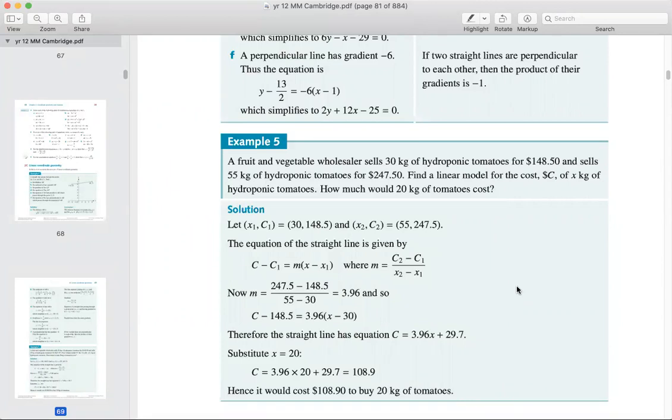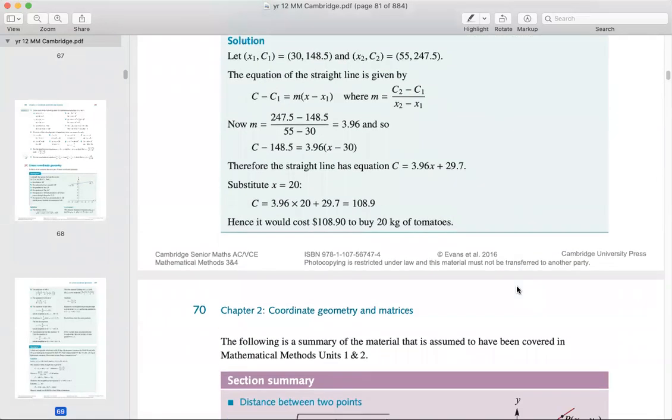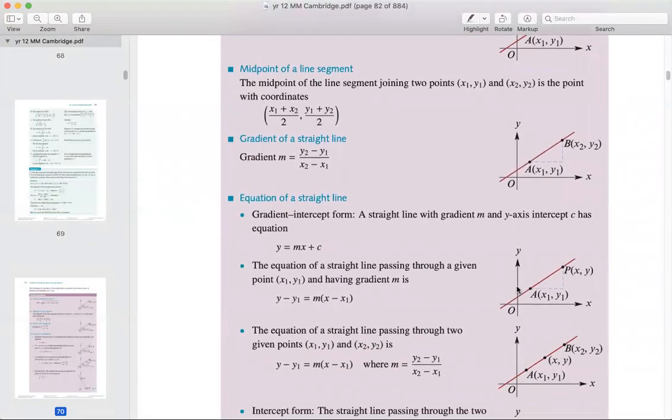Okay, so you combine the two together, you get the equation of the cost per kilogram of tomatoes, right? So cost functions. Then you just plug in the required information, which means if I want 20 kilograms of tomatoes, how much should I pay? Then just plug 20 in, then I get the answer I want. Okay, just make sure you have the unit.